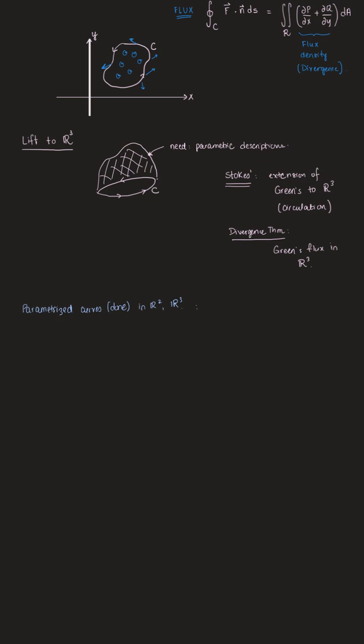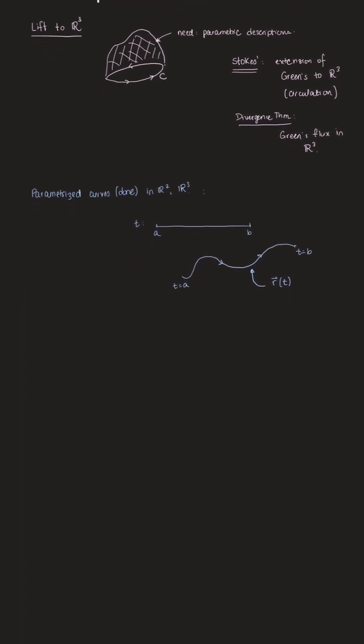What that means is we've said, okay, let's take an interval from A to B. Let's say t goes from A to B. And we basically lift that up and say I want that to be the path of a fly in space, from the point when t is A to the point when t is B. That's what we mean by parametrizing. We came up with a vector function in terms of t that described the path of that particle, or of the fly. And so now we've got to figure out, how are we going to parametrize surfaces?